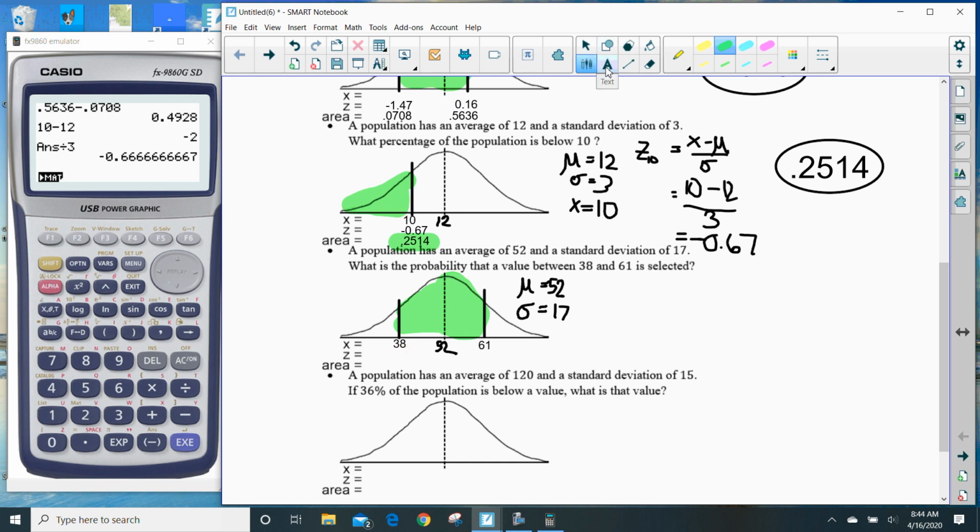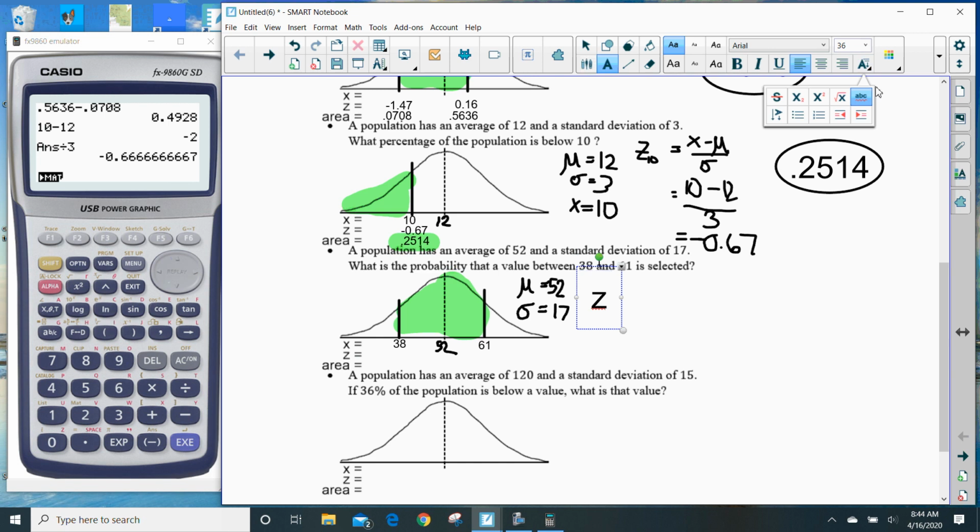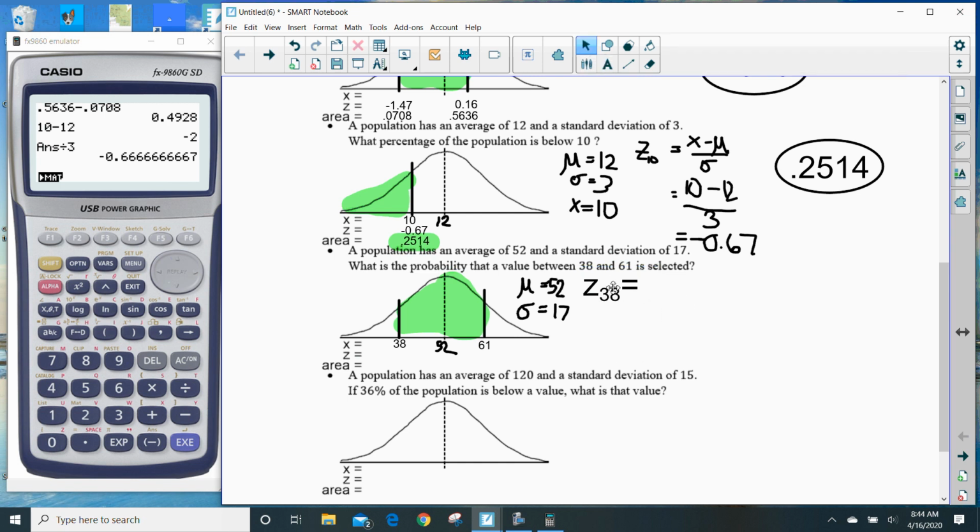All right, so the first thing that we do is we find the z-score of each of these things. So I'll find the z-score of 38, for instance. So the z-score of 38 is equal to, and I'm just going to assume that you know how to find these things, x minus mu divided by sigma.